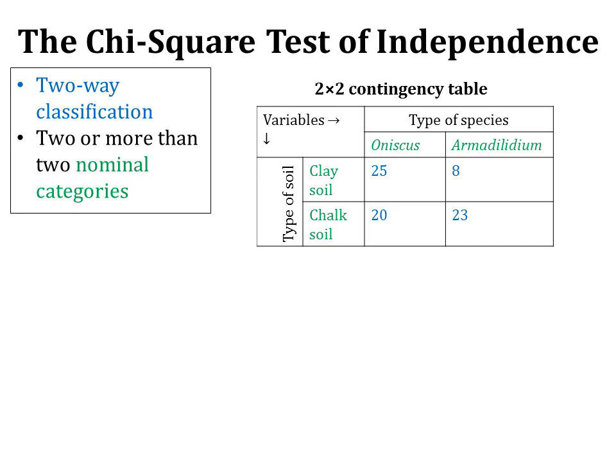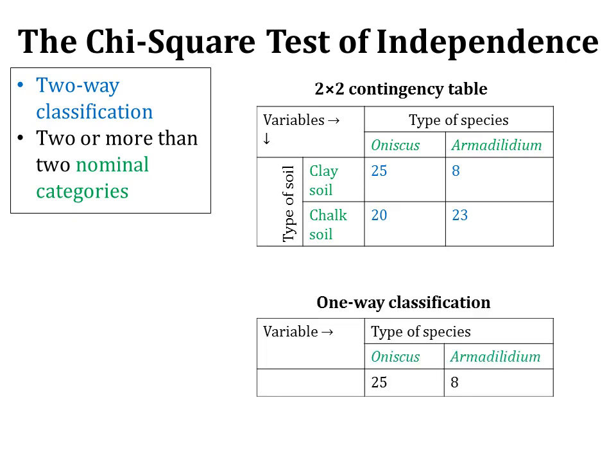And why is it a 2 by 2 contingency table? It is a 2 by 2 contingency table because each of the variables has two nominal categories. Now, one-way classification for the same example. So what is a one-way classification? In which only one variable is given.